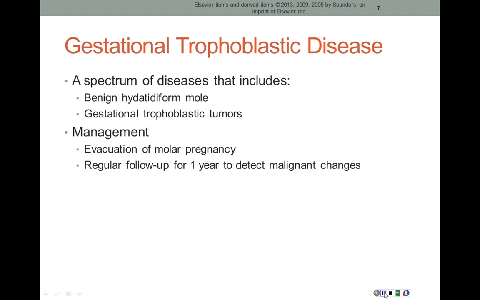So instead of having a diploid set, you've got a triploid set. So the baby would have 69 chromosomes, and then either an XXY or an XYY, depending on which sex the sperm was.